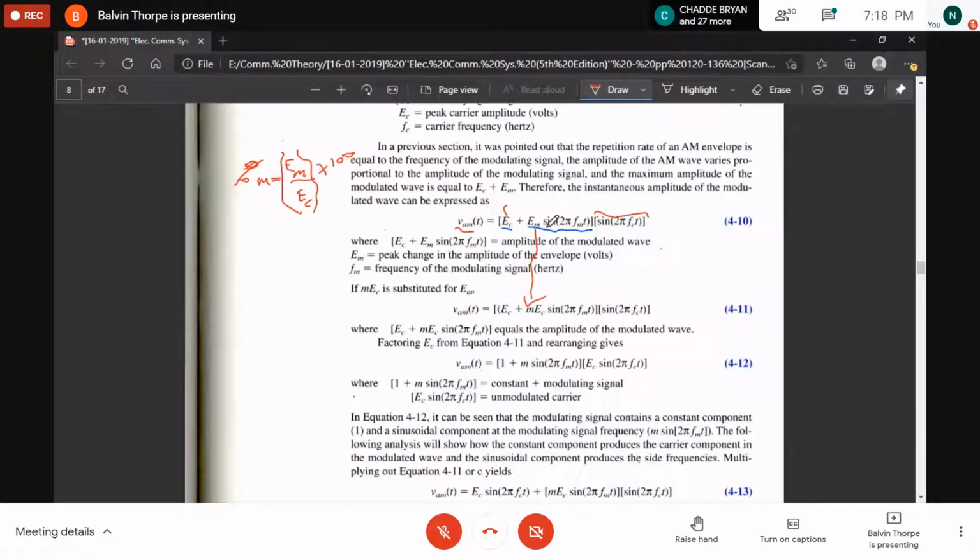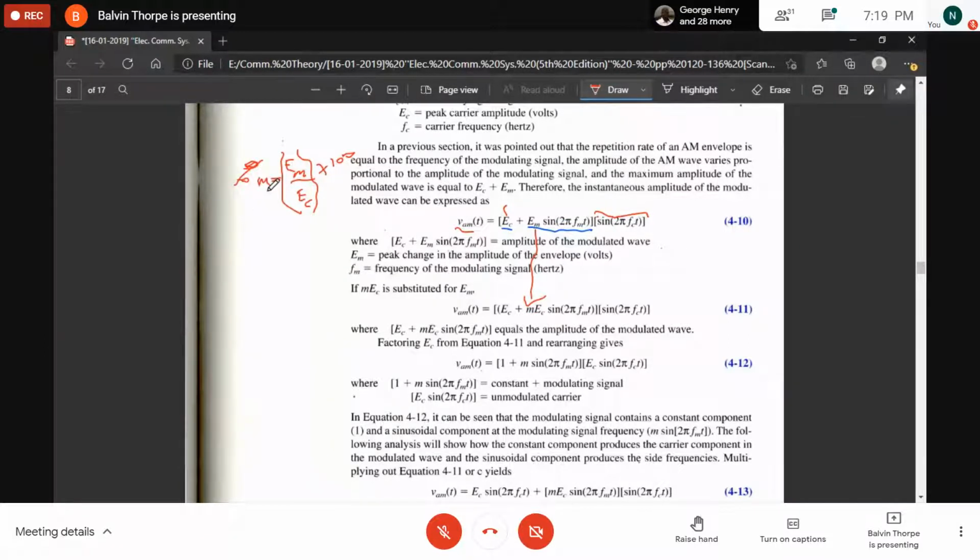We're saying right now that the modulation index is the degree, or how much the carrier amplitude will be affected by the modulating signal amplitude, and that is what is given as your modulation index, which I wrote over here.